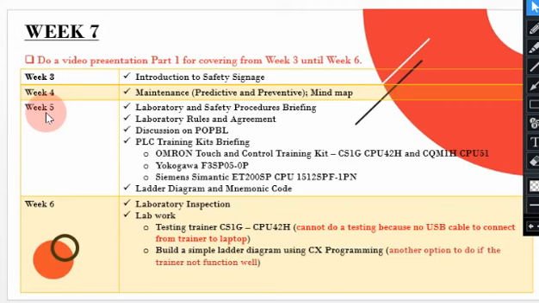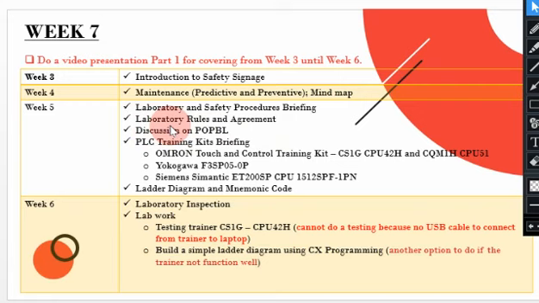we are able to go to the laboratory. So we have laboratory and safety procedure briefing.